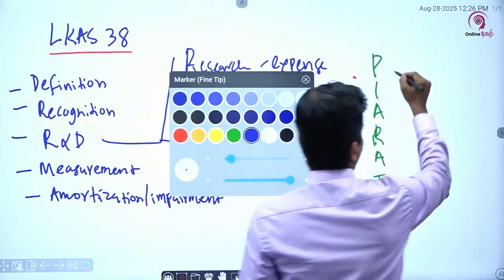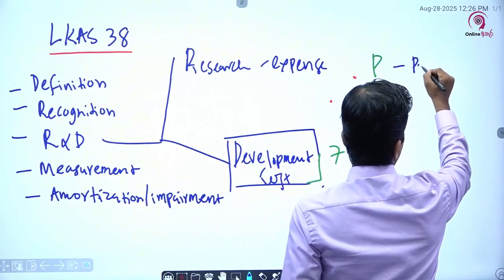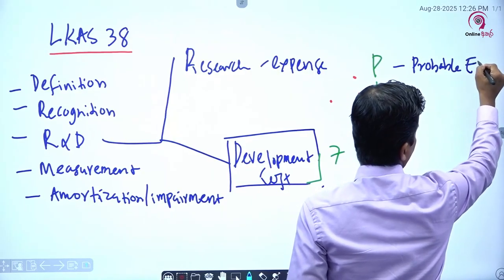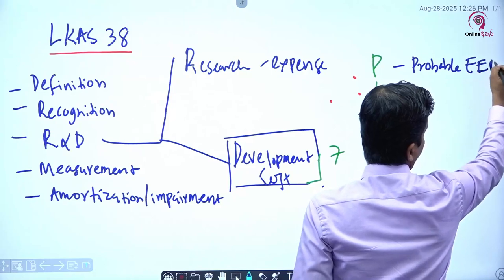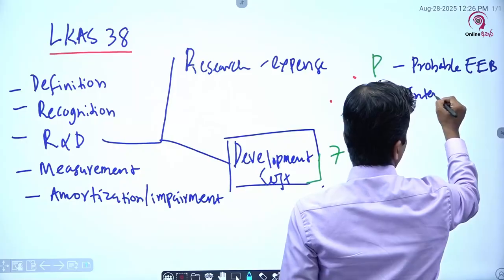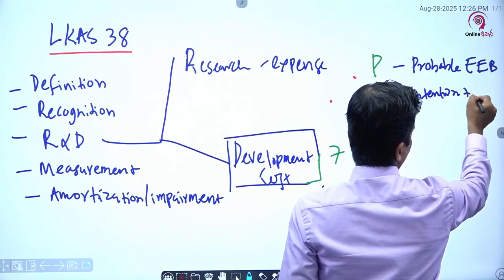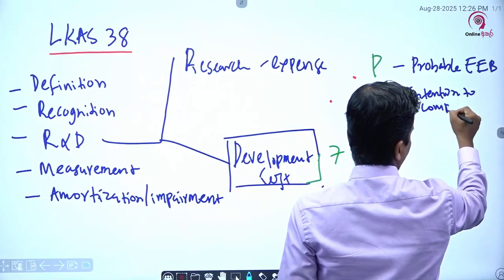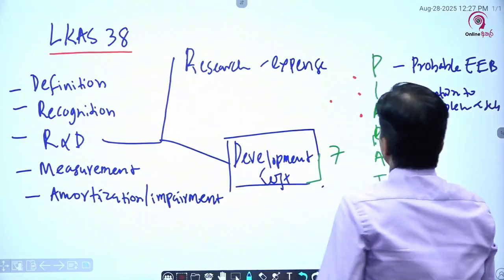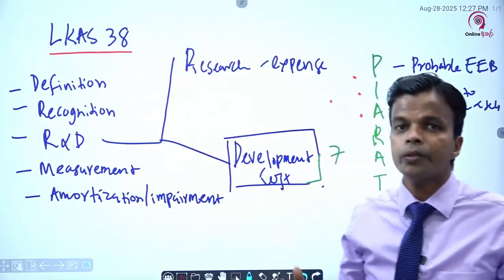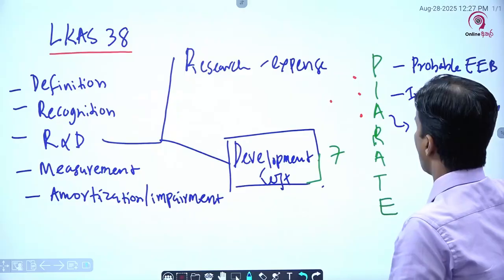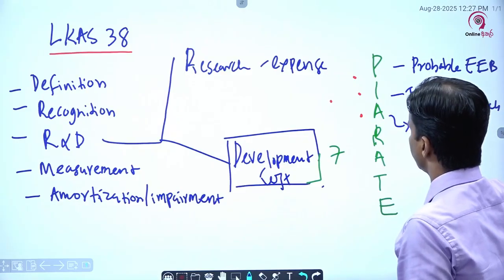So PIRATE is the word. Probable future economic benefits. Intention to complete and sell. Then you should be able to sell also. That is called ability to sell.